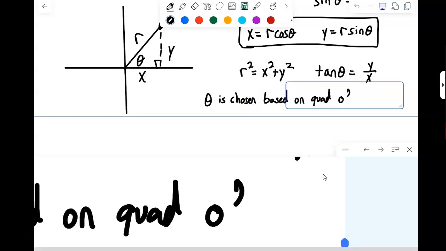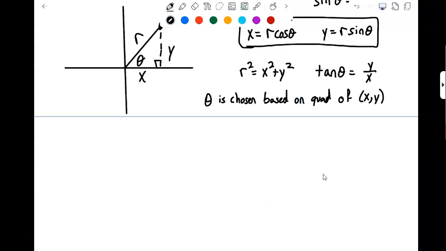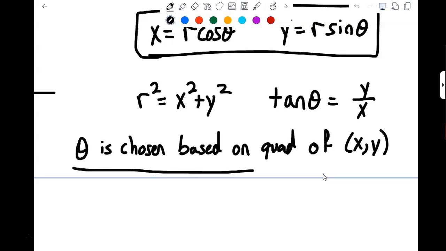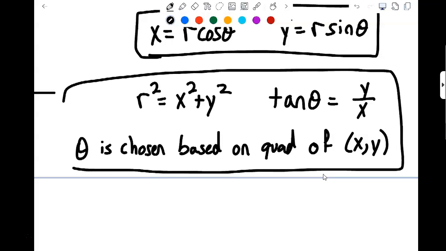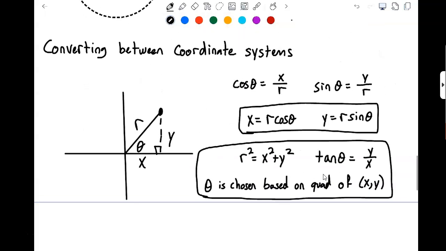All right, so we have to solve that equation, but then we're going to have to choose the theta that matches that quadrant, the quadrant where x and y are at. Okay, so that's how we're going to do the conversion.